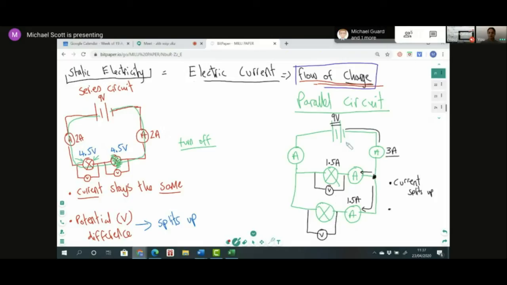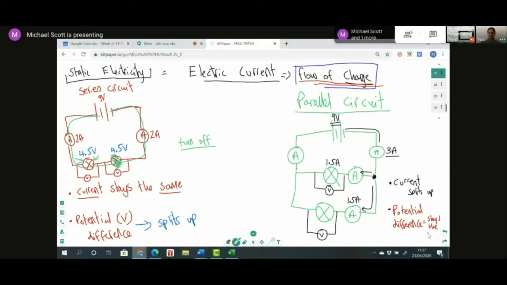Now, there's a common rule that you have to remember for parallel circuits, and that rule is that potential difference stays the same.